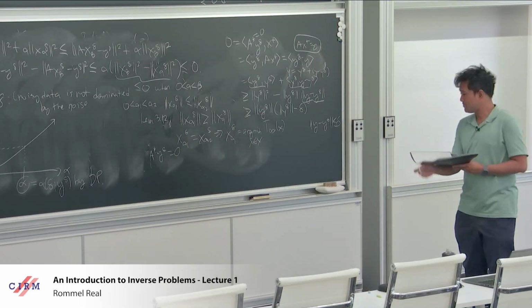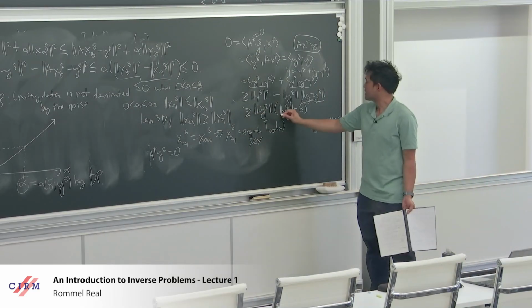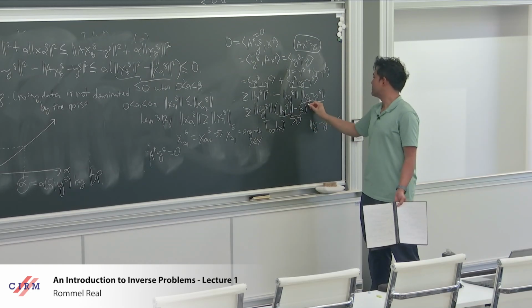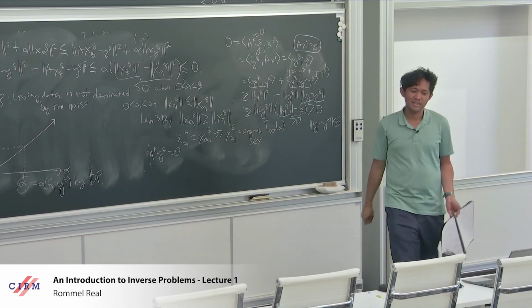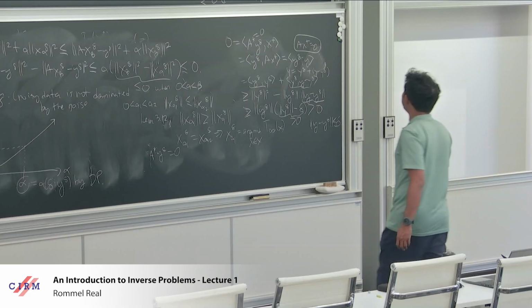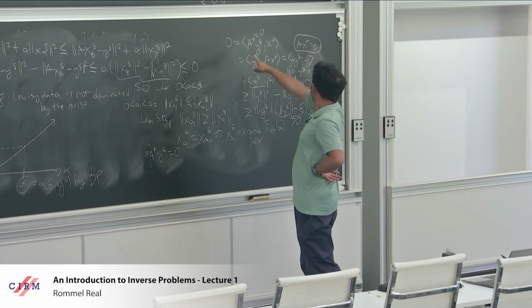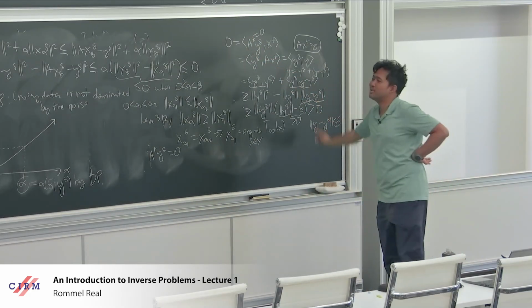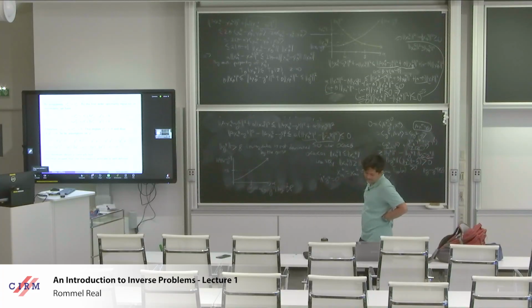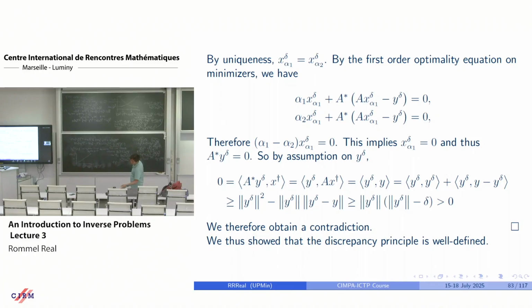And from the assumption that this one must be positive, then this must be greater than 0. And because you have 0 here, and equals, and then you have greater than 0 here, that gives the contradiction. And that implies that the discrepancy principle is well defined.